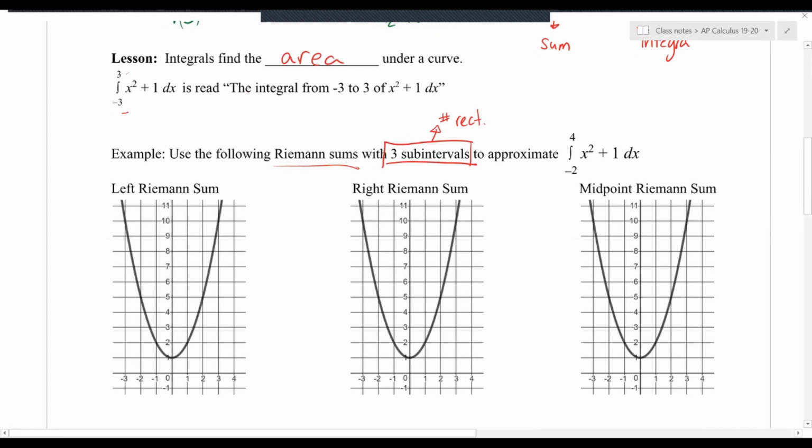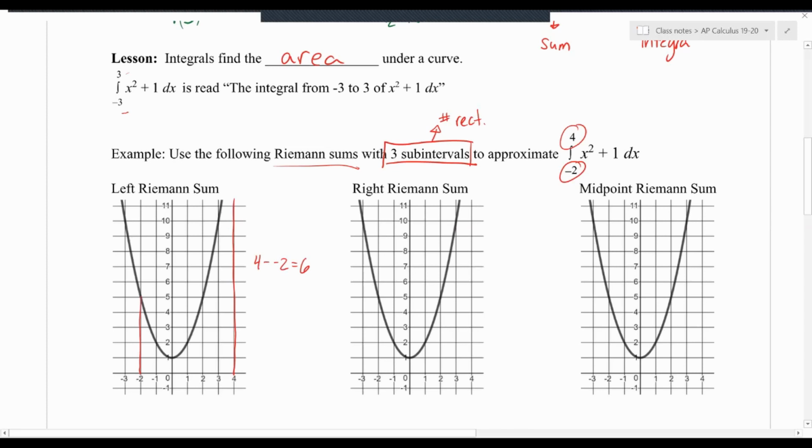This integral is from -2 to 4. So if I'm going from -2 until 4, and I want 3 rectangles, well, between 4 and -2, I have 6. 4 minus -2 is 6.